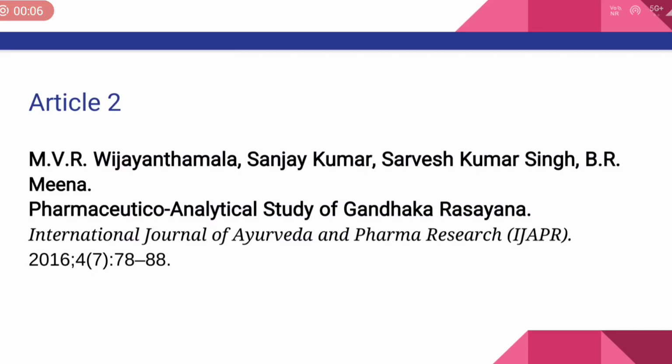Seventh analytical finding is extractive value, which is alcohol soluble extractive and water soluble extractive. Alcohol soluble extractive is 63% and water soluble extractive is 62%. This value is high, which means the formulation contains a large amount of active phytochemicals. Herbal constituents were well absorbed during bhavna. So the high extractive value indicates rich active content, good potency, better therapeutic action.